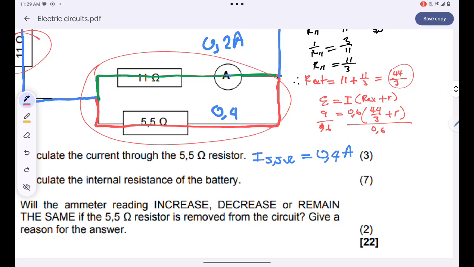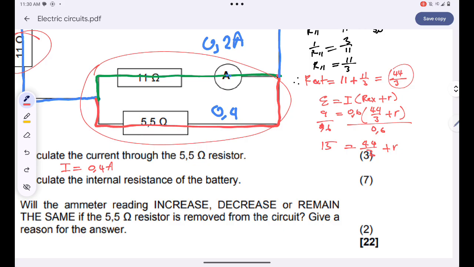Let me erase this there. The answer here was 0.4. Okay, we'll simply get 15 is equal to 44 over 3 plus small r. Are you together? I am solving for r. I have a fraction, so I must multiply each and every term by my LCD.